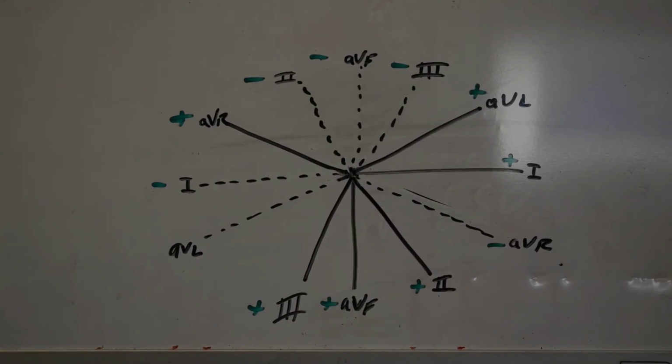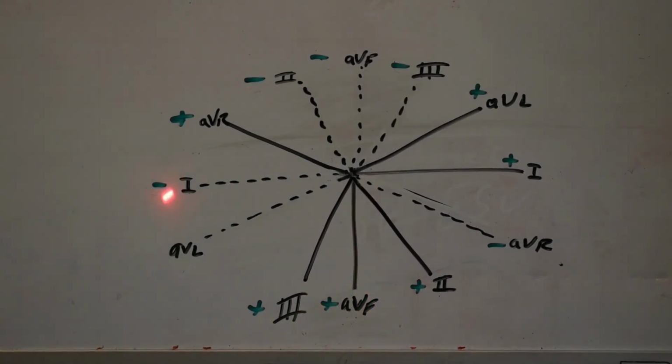This is a graphic representation of your 3 limb leads 1, 2, and 3, and your augmented leads AVR, AVF, and AVL. Now, any dotted line is a negative end or a negative pole. I forgot the negative in front of AVL, but this should be negative here. Any solid line is a positive end.